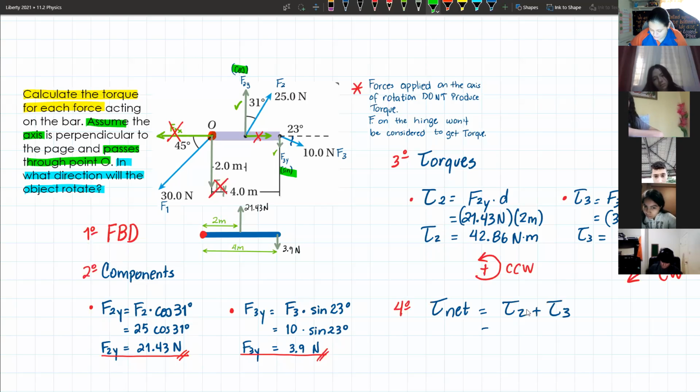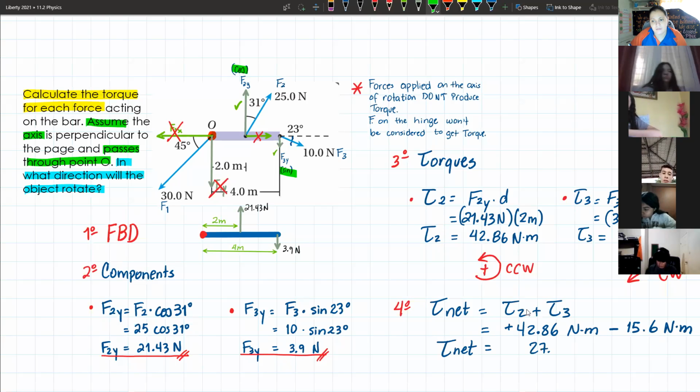So it is going to be positive 42.86 Newton meter minus 15.6 Newton meter. How much is that? 27.26. Positive or negative? Positive. If it's positive, it's counterclockwise. So in what direction will the object rotate?